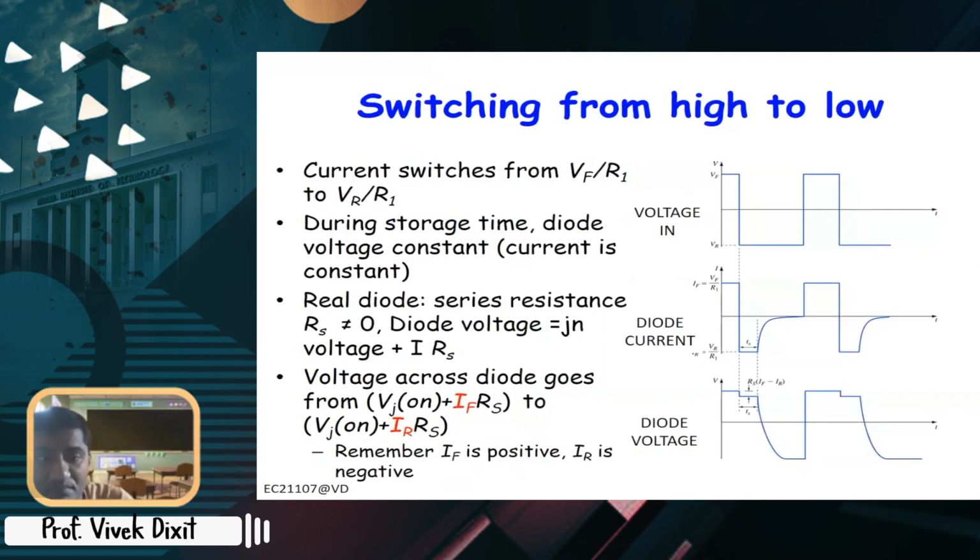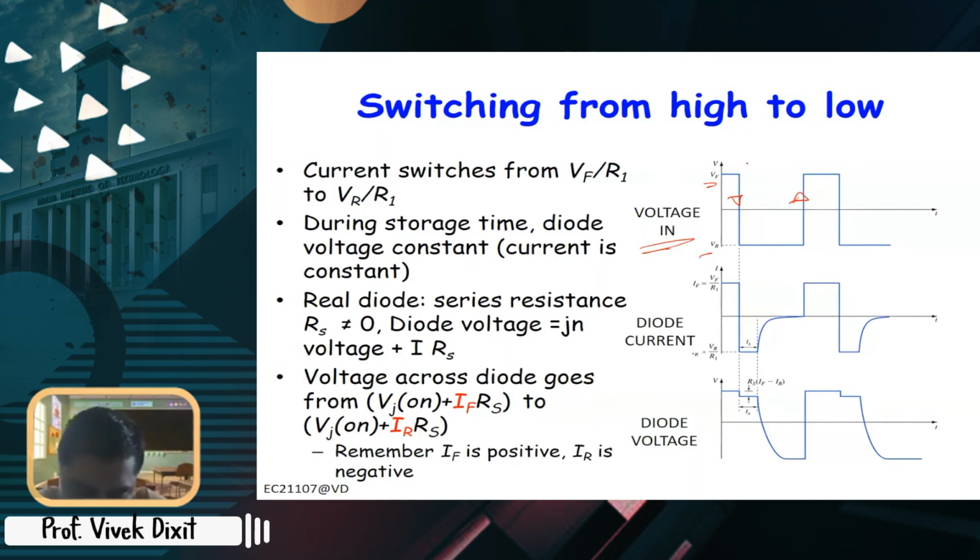So let us see this final slide. Let's say this is the input voltage. This is forward, this is reverse. What about the diode current? Here we are seeing two transients, turn off transient and turn on transient.